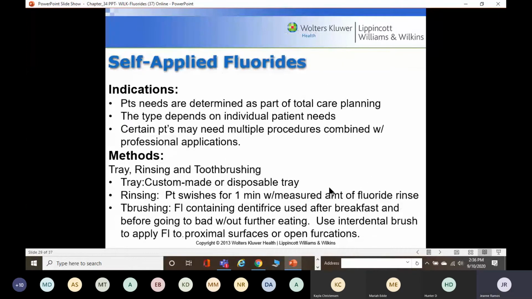Then there's self-applied fluorides. Indications: the patient needs are determined as part of the total care planning, and so the type depends on the individual patient's needs. We at our clinic here do not give them fluoride to self-apply at home. We never give them one of those packets, even if the patient's late and needs to pick up their child from school and asks, can I just take the fluoride and go?